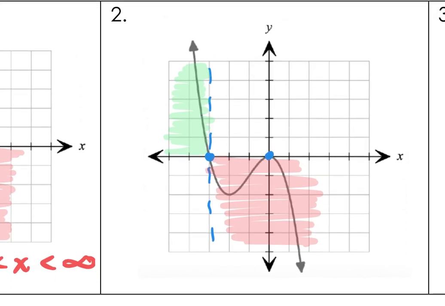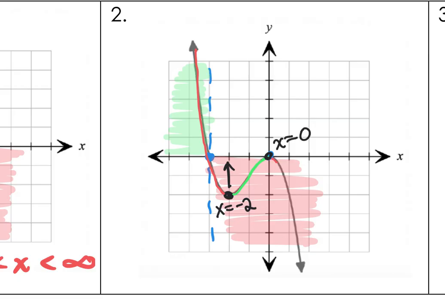Graph number 2, if we look at it from left to right, we start going down until this point that has an x value of -2. So we're going down until that point. Then it turns around and it goes back up until x equals 0.